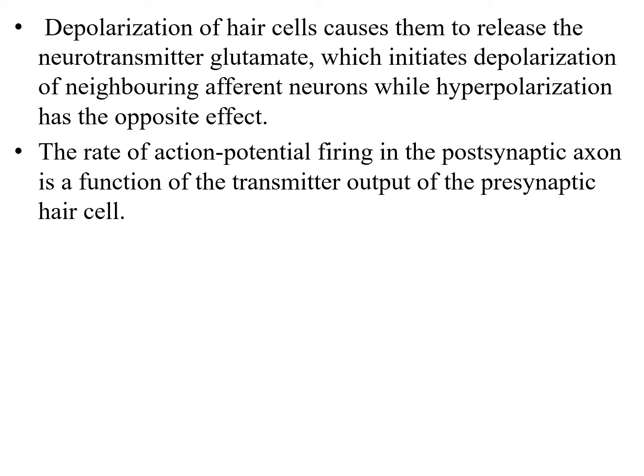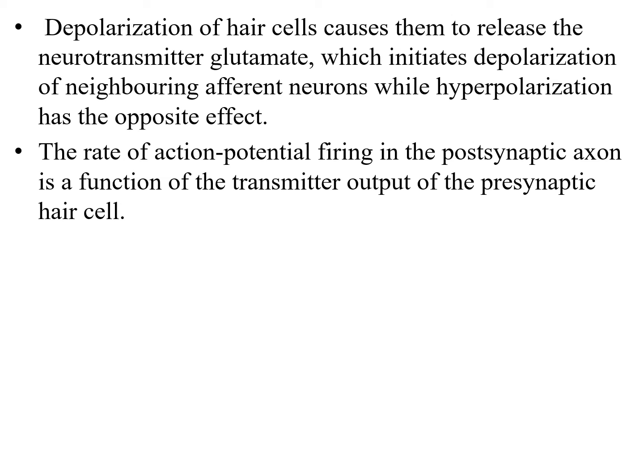When it is hyperpolarized, it won't. So if this to-and-fro movement occurs quickly, the release of neurotransmitter and its stoppage will occur quickly. So the action potentials will occur quickly in the postsynaptic neuron.